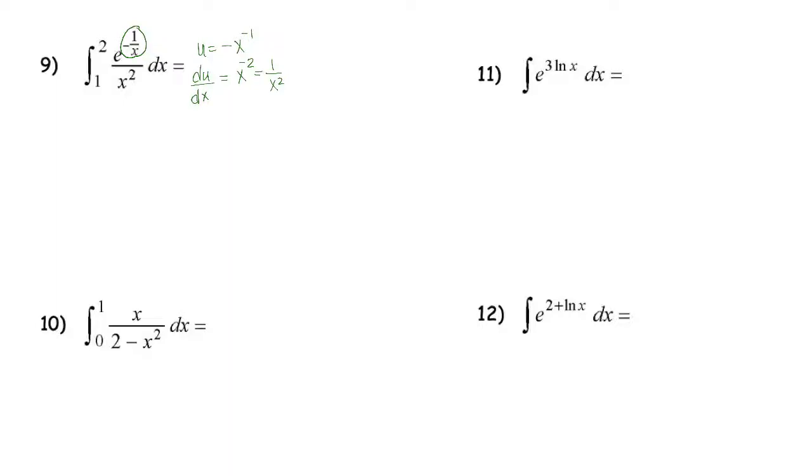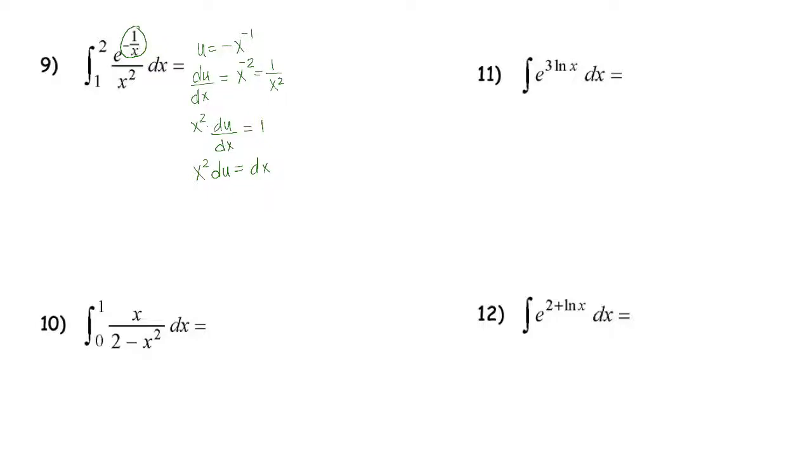And solving for dx, we can multiply the x squared over. So I have x squared times du over dx equals 1, and then I can multiply both sides by dx. So I have x squared du equals dx.